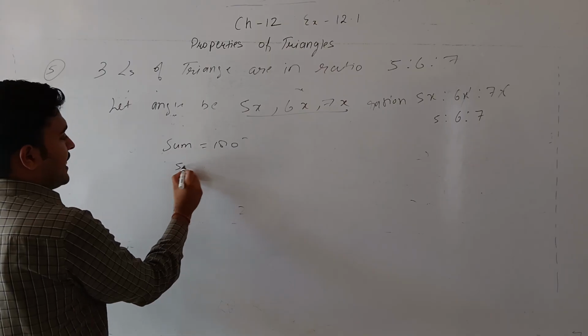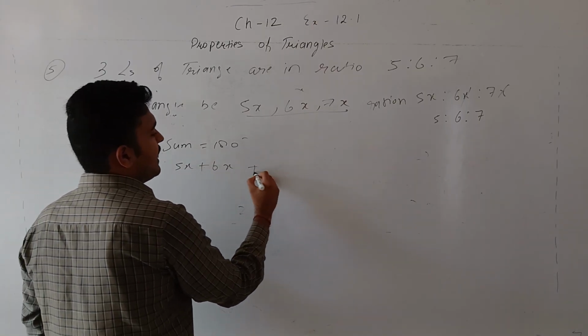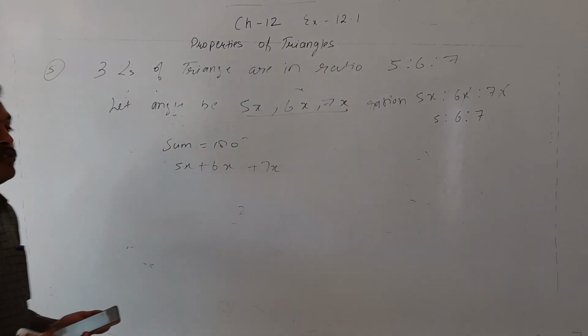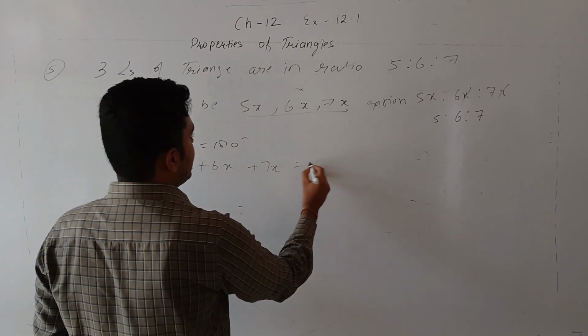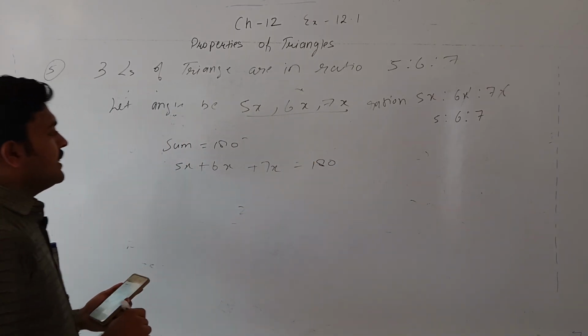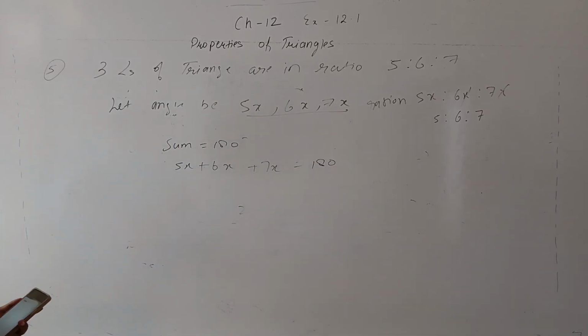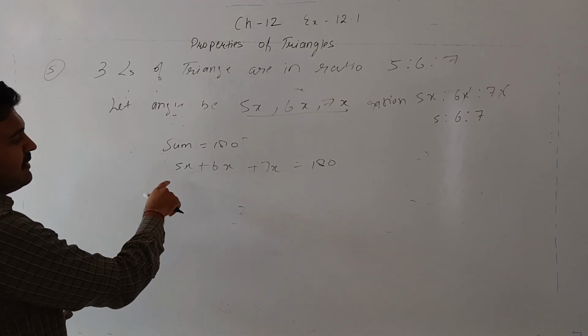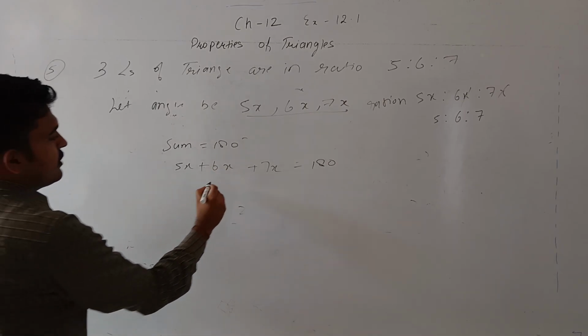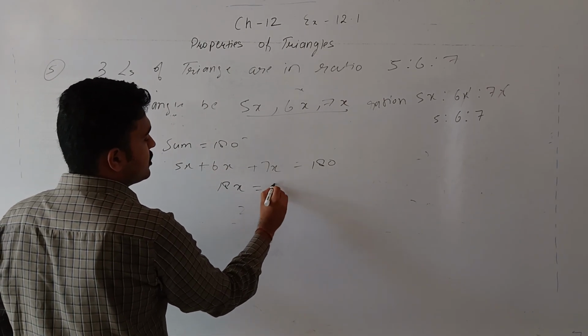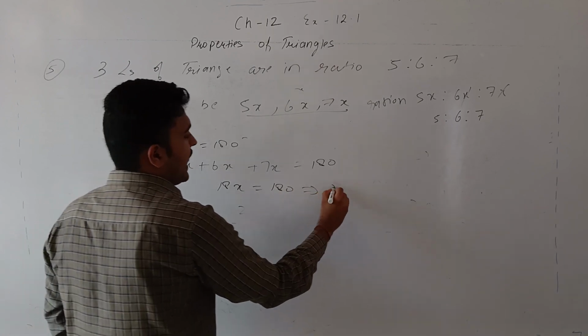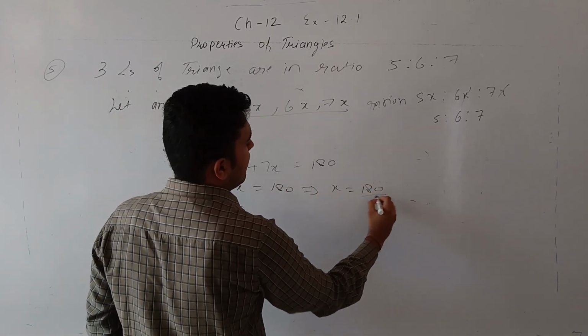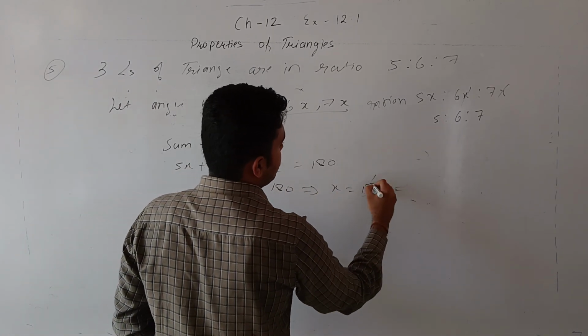So the sum is again 180. Therefore, 5x plus 6x plus 7x is equal to 180. 6 plus 5 is 11 plus 7 is 18. So 18x is equal to 180. Therefore, x comes out to be 180 divided by 18, which is equal to 10.